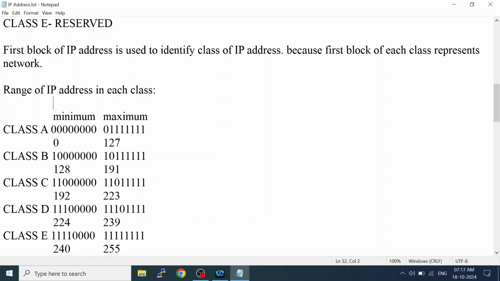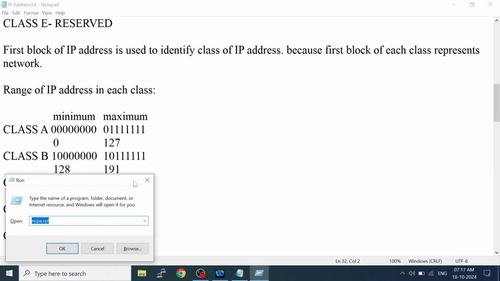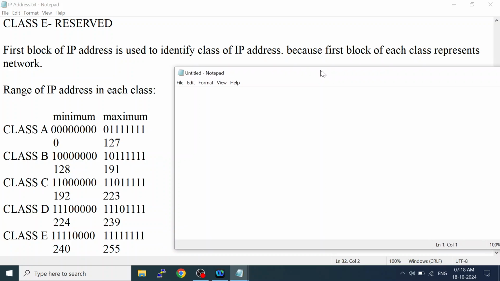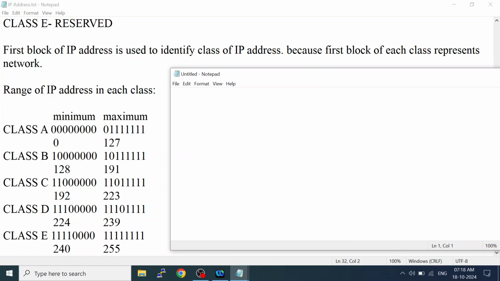Now where we are going to use this range, we have to check the IP. If any IP address is written, which class does this IP address belong to? Class A, class B, class C?